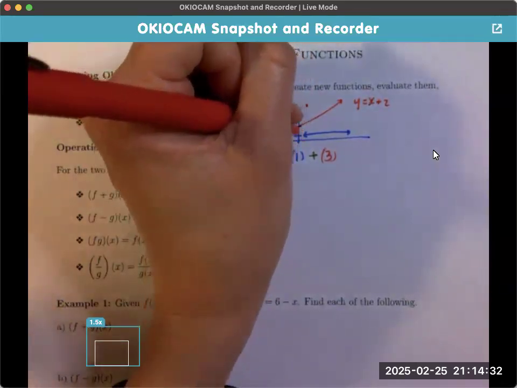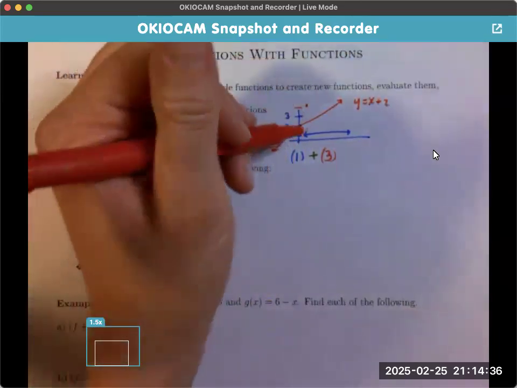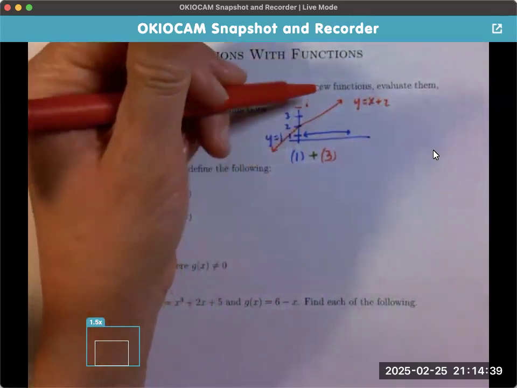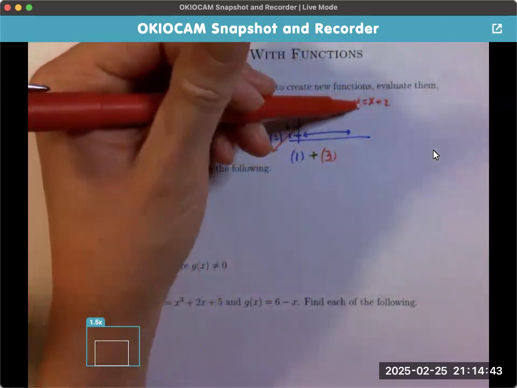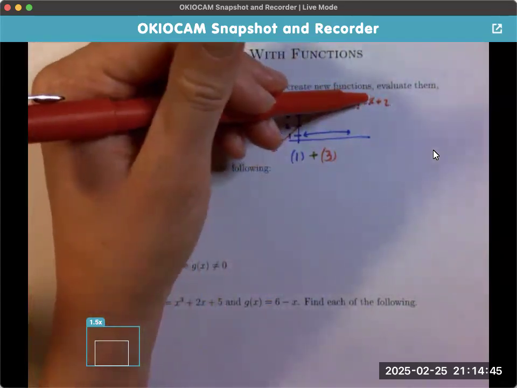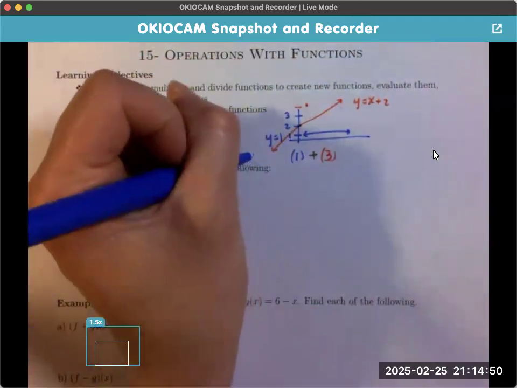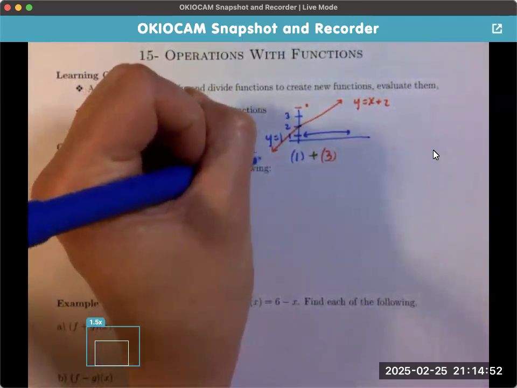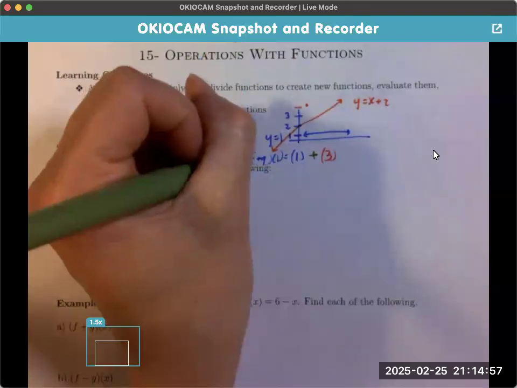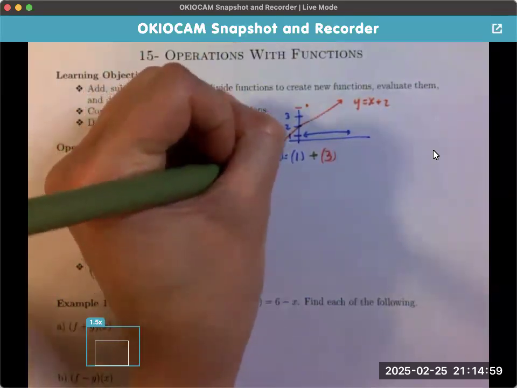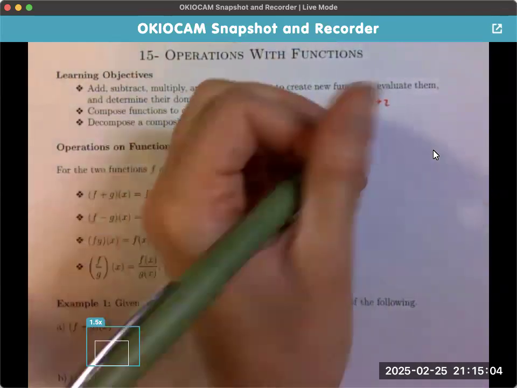And then it would really just be this line, just 2 units up. Because 1 plus 2 is 3, plus 1 is 4. And then if I have, say, f plus g of 1, I should do that in green. f plus g of 1 would be 1 plus 3.